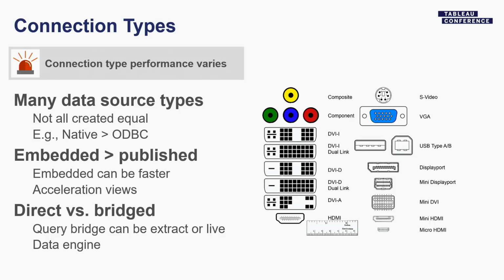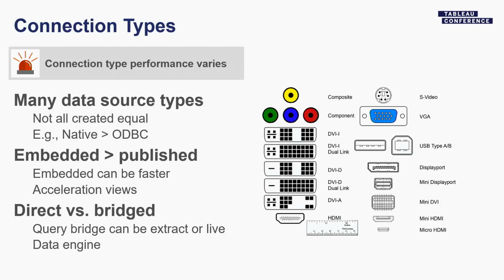Be aware that embedding an extract in a visualization when we publish it, we tend to think, and particularly as a server admin, we'd like people to reuse data sources when we're publishing our vizzes, but it is a fact of life that an embedded data source can be faster than a published data source.